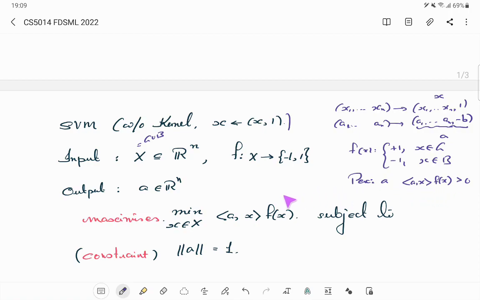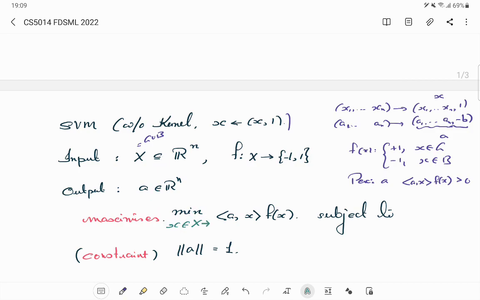But SVM has a much more difficult job to do. It is not happy just to find some vector A which does that. It has to find, among such vectors, the best one. So what is the best one? You look at the minimum such margin, where the minimization is over all x in the good and bad sets.